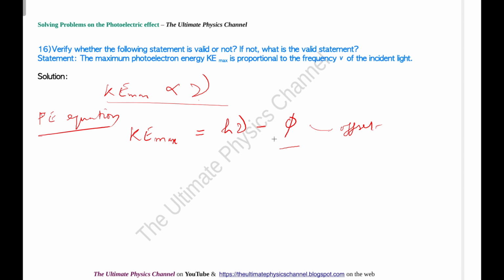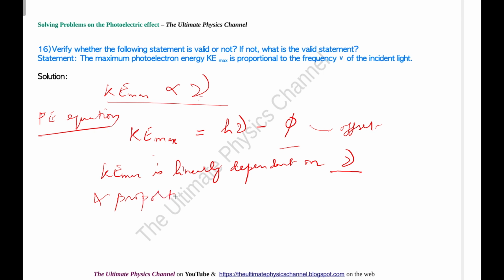Since there is an offset term, we can only say that Ke max is not directly proportional to nu, but Ke max is linearly dependent on nu, and of course proportional to the difference in the frequencies, because we know that phi is h nu th, right?